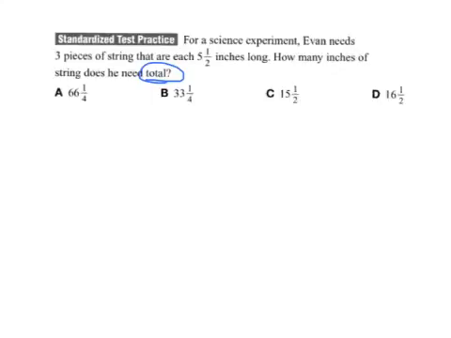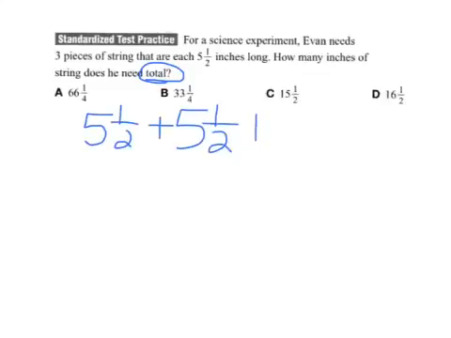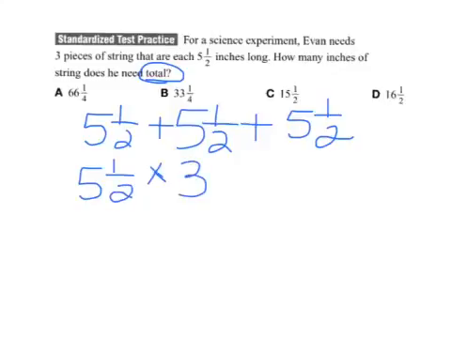We can do this two ways. We can add 5 1/2 plus 5 1/2 plus 5 1/2 all together, or we can multiply 5 1/2 times 3. I think multiplying is easier than adding fractions, so that's the route I'm going to take, but either way would give you the right answer.